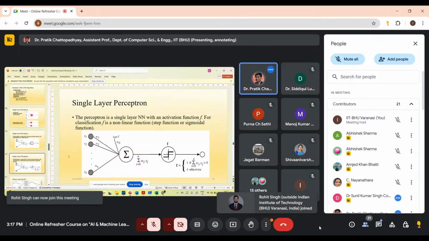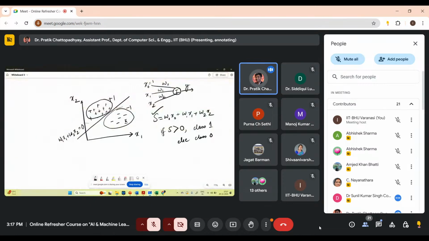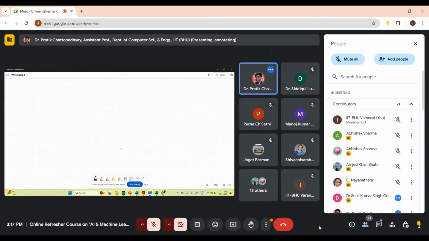But one thing is for sure, a single layer perceptron can only do classification of linearly separable classes. If we have classes which are non-linearly separable, for example, patterns like these, let's say two features x1, x2.